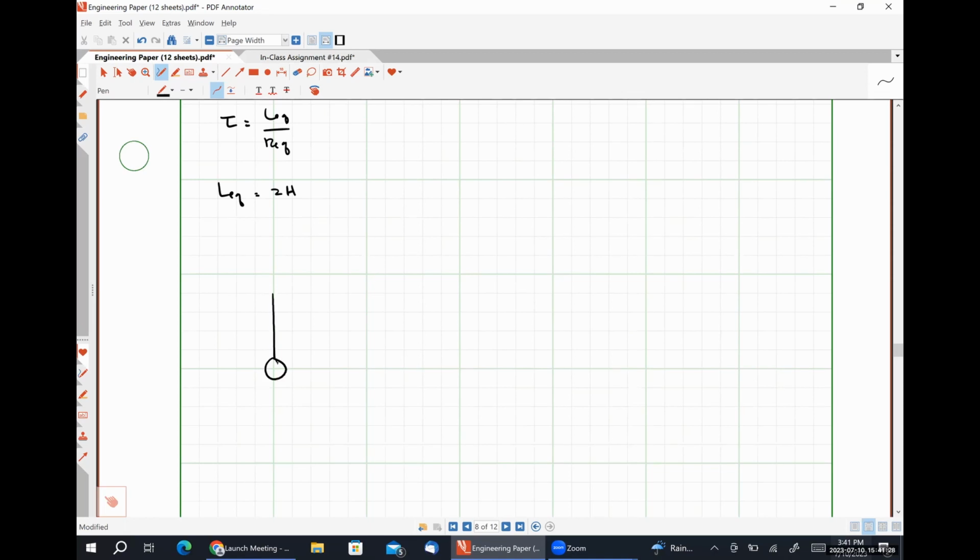So here's our 12-volt source on the left. Our switch is closed during the transient condition. Here's our 2 ohm resistor. 12 volts. 4 ohm resistor. 2 ohm resistor. Up top is our inductance.